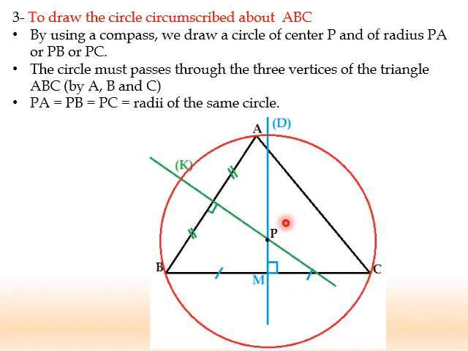Now I can say that PA equals PB equals PC. Why? Since P is the center of the circle, PA, PB, and PC are radii of the same circle, and we know that radii of the same circle are equal.